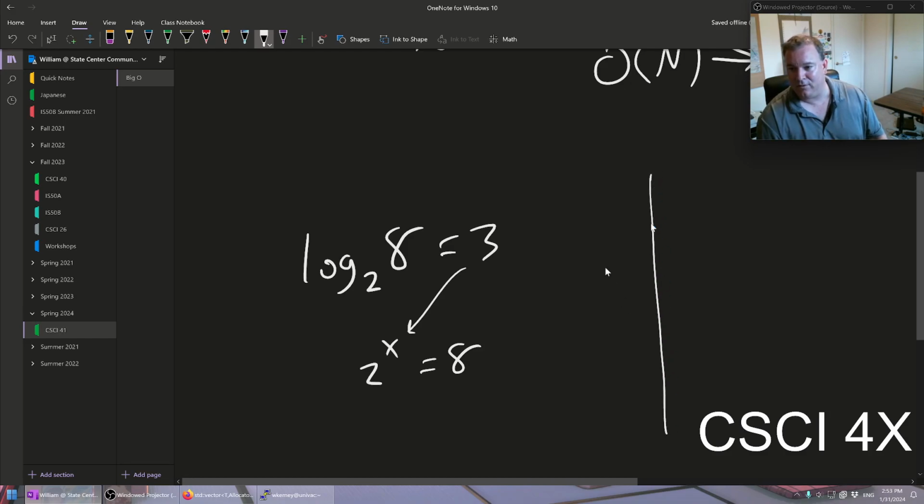So let's get a little feel for this. We're going to have x, and we're going to have the log base 2 of x. What is the log base 2 of 1?